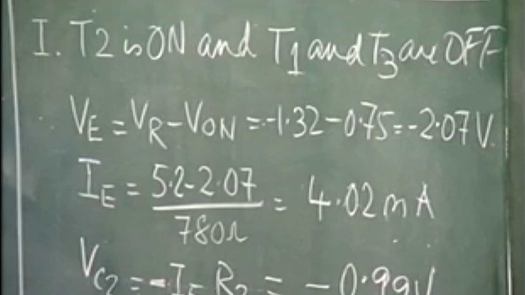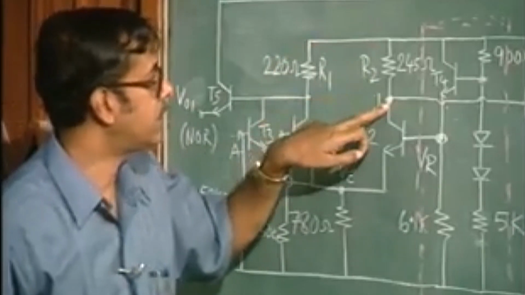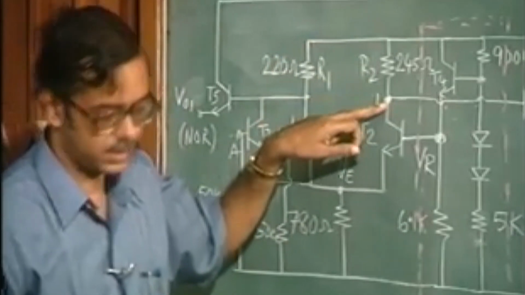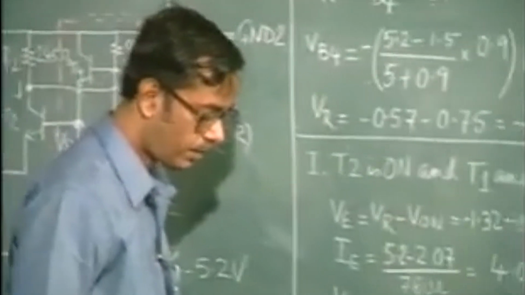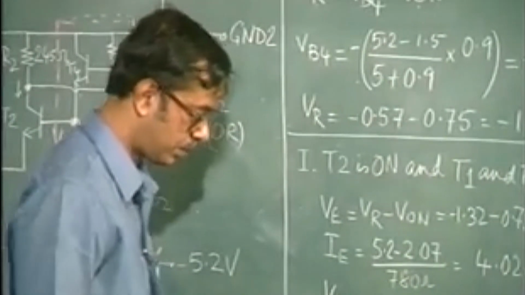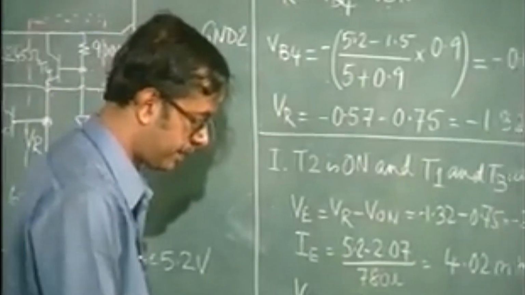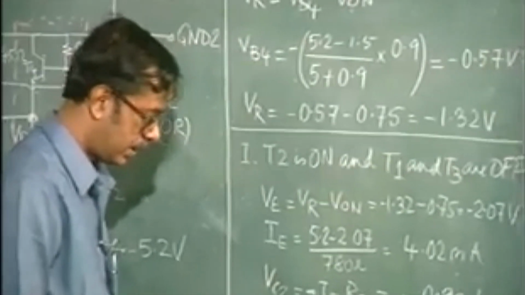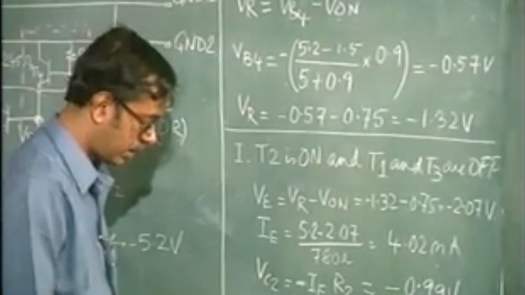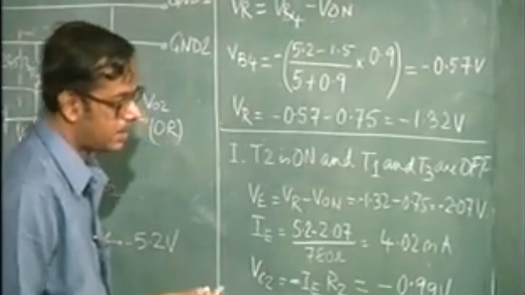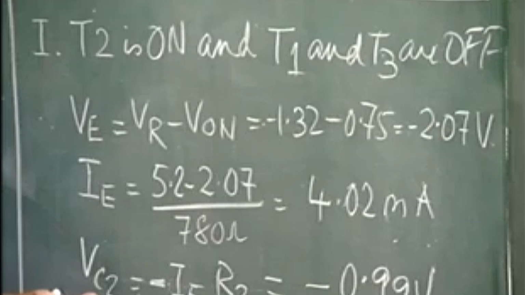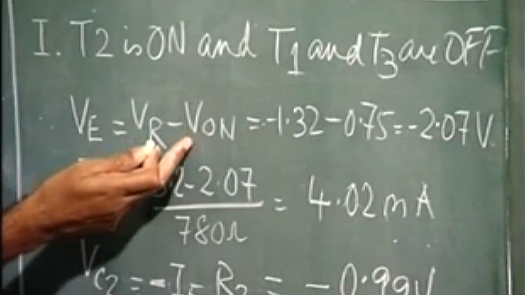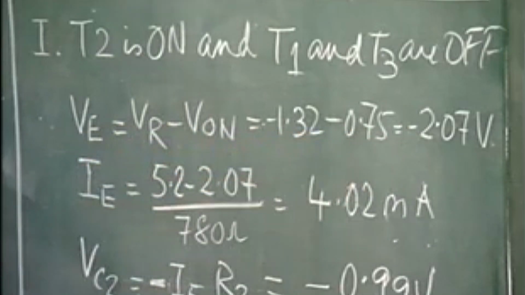Okay. So the same current is flowing through this. So the voltage at this collector point is this. Now, just for the sake of checking, this is the collector voltage, and what is the emitter voltage? Minus 2.07.